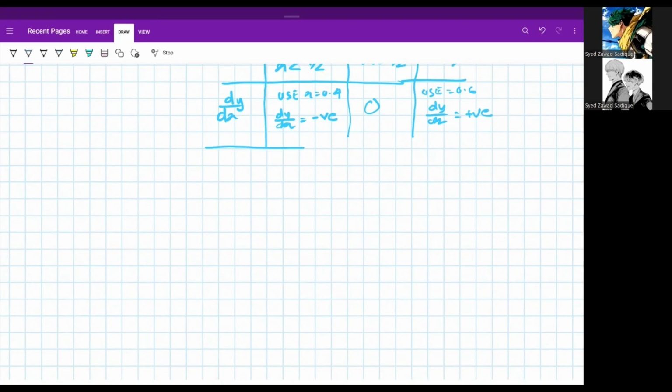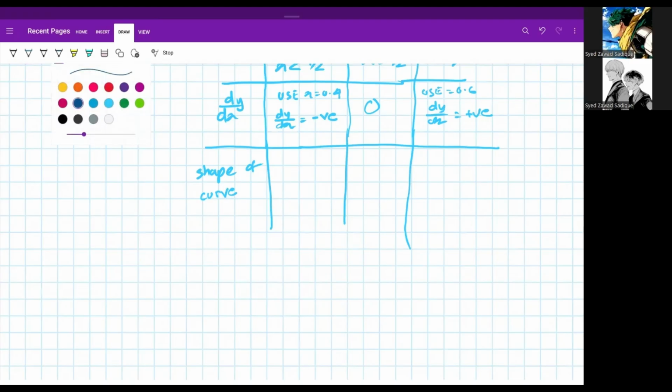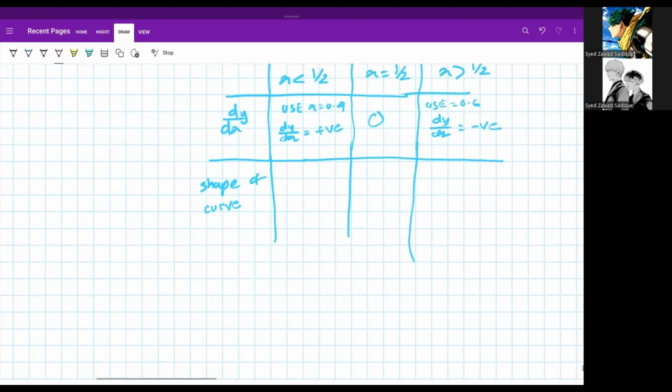And then finally, there's one more. We have to draw another segment of this table. We call this shape of curve. Sorry, my bad, I made a mistake. This would be positive, this would be negative, right? So, if the curve has a positive gradient, shape is like this.